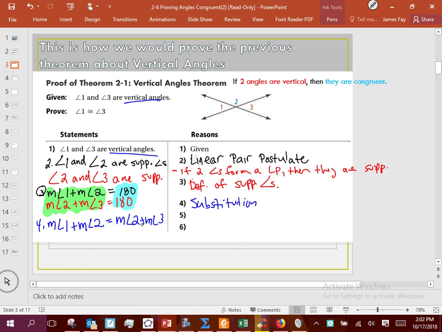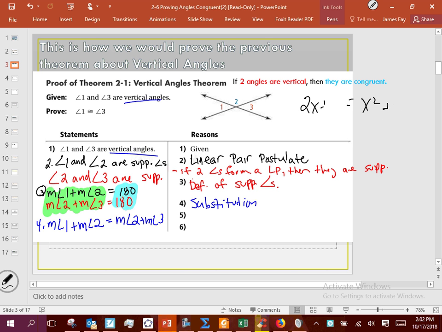But what is nice about that blue statement? What do you recognize about that blue statement? Okay, angle 2, that measurement is some number, right? So, again, going back to algebra, if you had like 2x plus 5 and x squared plus 5, do those 5s balance each other out? So they're balanced if they're there, but aren't they also balanced if they're gone?